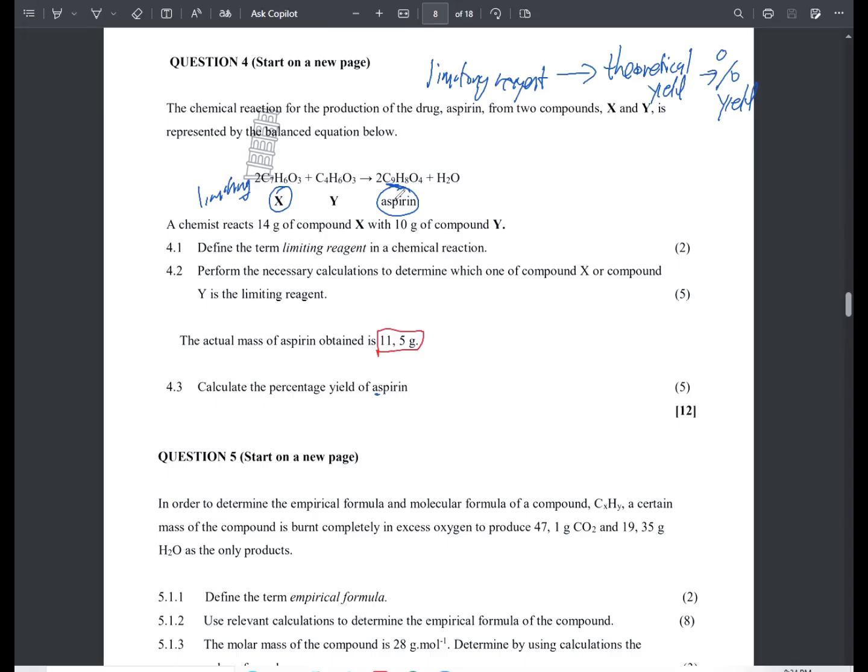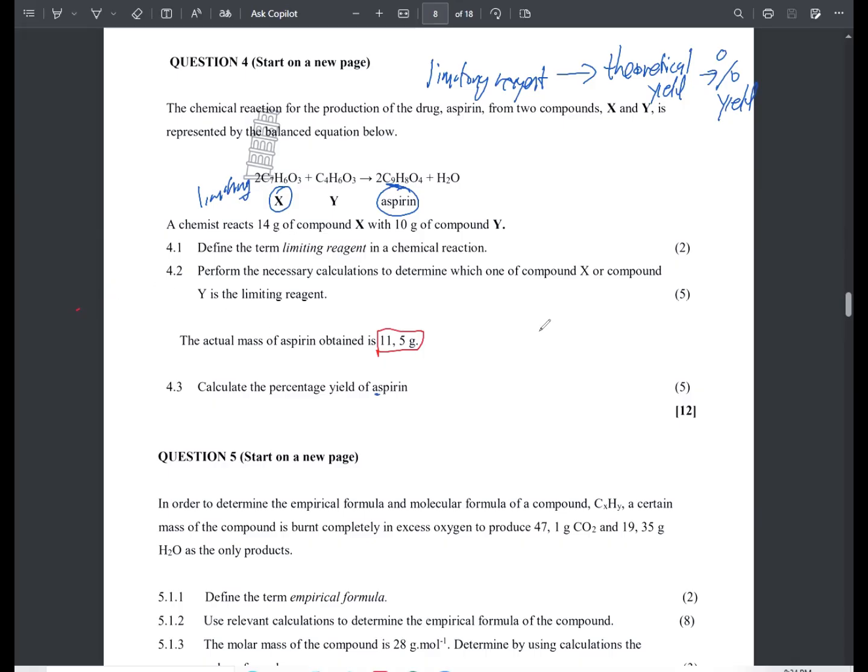The limiting reagent is the one that determines the extent of the reaction. If the limiting reagent comes to completion, then there is no longer any reaction. You can still have your excess reagent there, but the reaction will not continue. Okay, so which is why the limiting reagent is the most important.